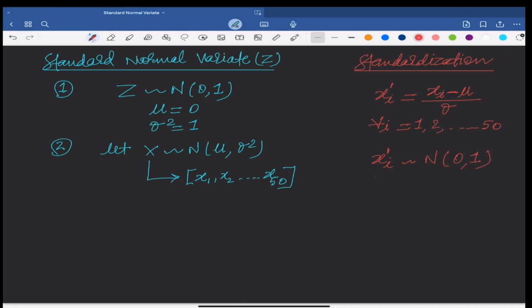So my xi dash here is basically a standard normal variate.